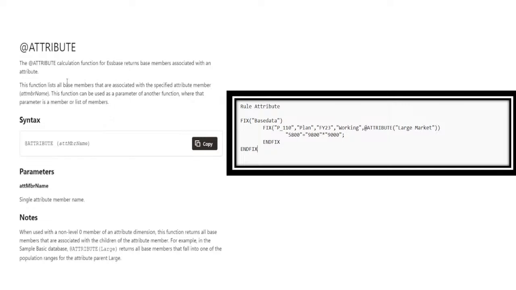This function lists all base members that are associated with a specified attribute member, and this function can be used as a parameter of another function where that parameter is a member or list of members. So how do we use that? What's the syntax of attribute? It is @ATTRIBUTE and the attribute member name under brackets.